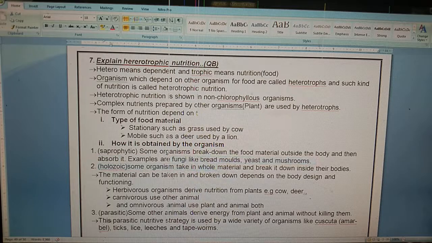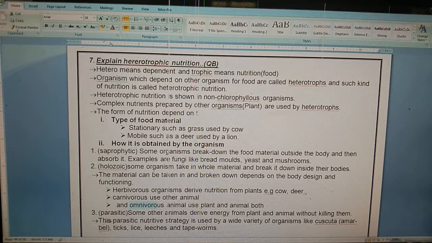In the second type, organisms take whole food material inside the body and this food material is broken down inside the body. Holozoic nutrition is divided into 3 types of organisms: herbivorous, carnivorous and omnivorous.